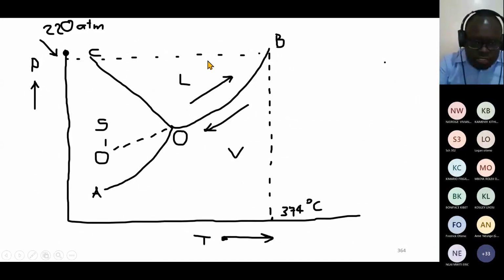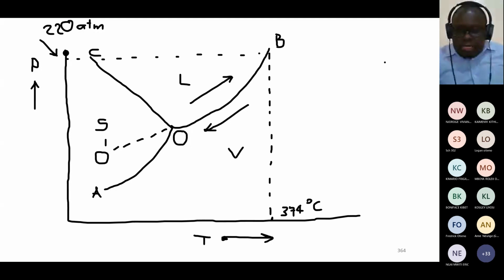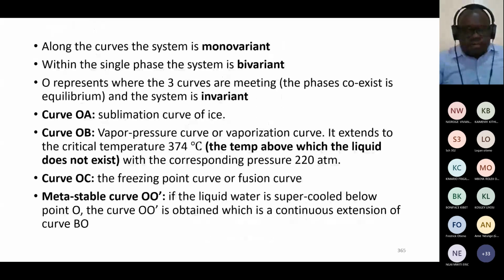So we are talking about these regions within the phases, meaning that two variables are needed for you to be able to describe that particular system at that point. The point O, as we have said, represents where the three curves are meeting. Here, the phases coexist in equilibrium, and the system is invariant.